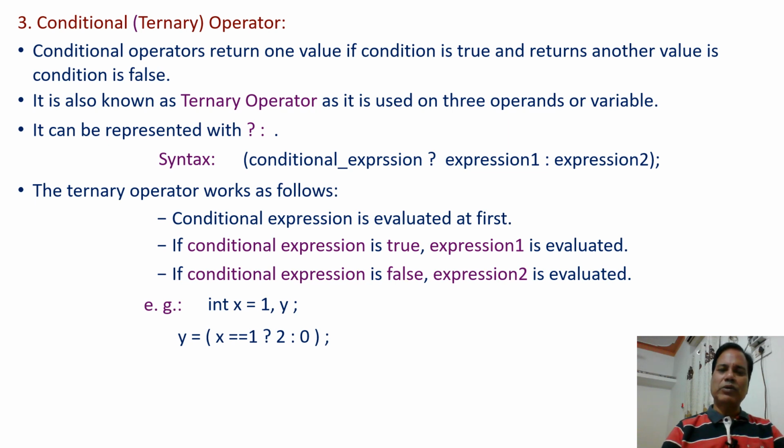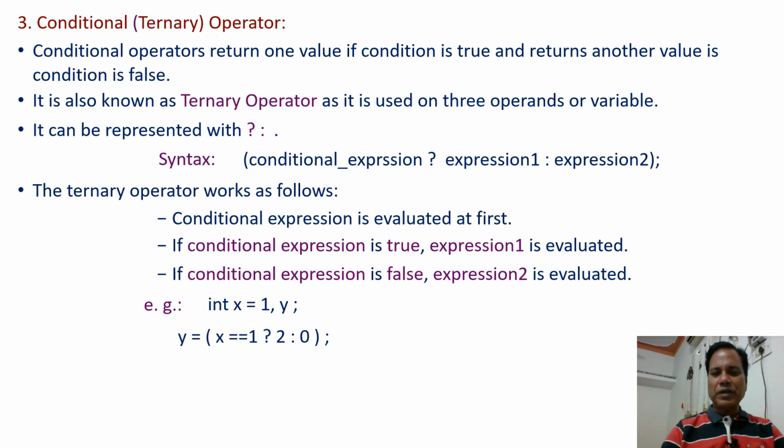Its initial value is set as 1. Now we write the statement y = (x == 1) followed by the question mark and two values. Here the equal sign is the assignment operator, and in the open and close parentheses we have x double equal sign 1.